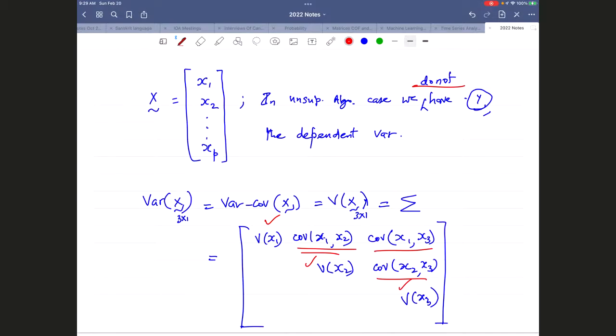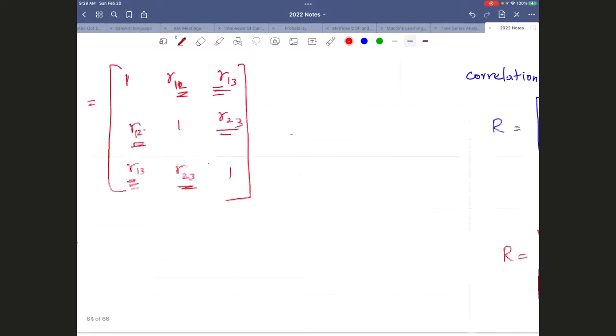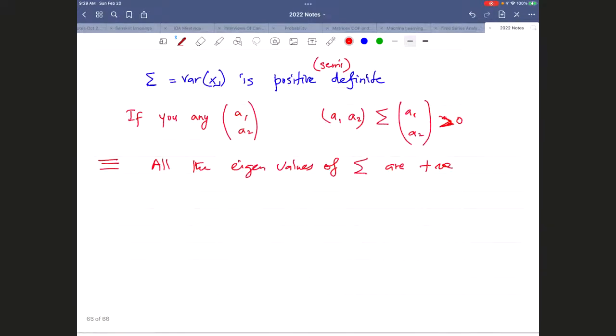Good? Okay. But the other thing is now you can say the same thing like this. All eigenvalues of sigma have to be positive. Similarly, we have the R, but in the case of R, we don't say that. In the case of R, we don't say that it is positive definite because it can be negative also.